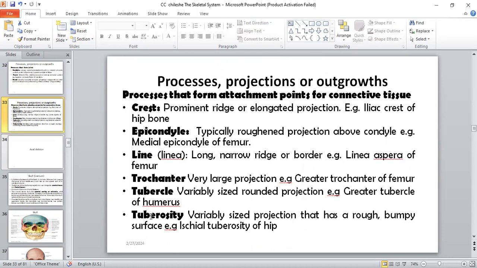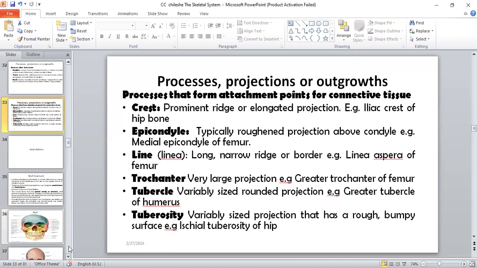And then we have a tubercle. These are variably sized rounded projections, for example the greater tubercle of the humerus, which I've already shown you.